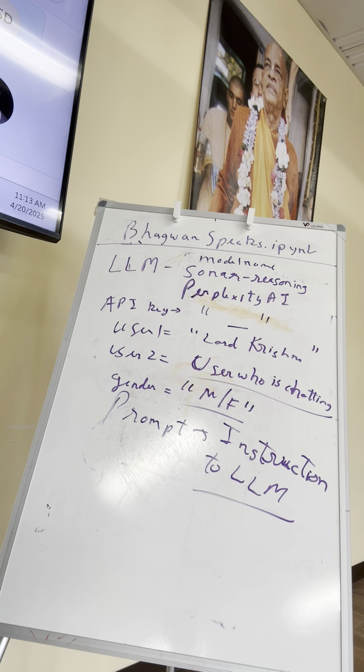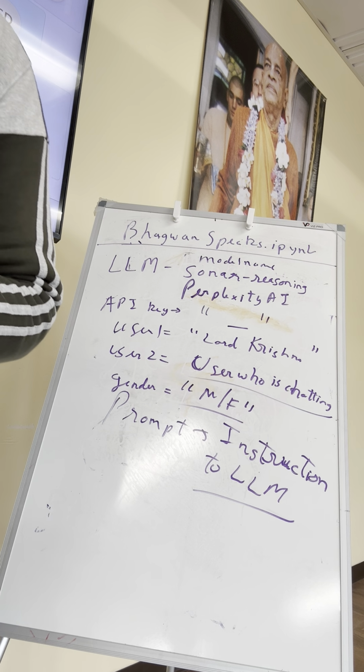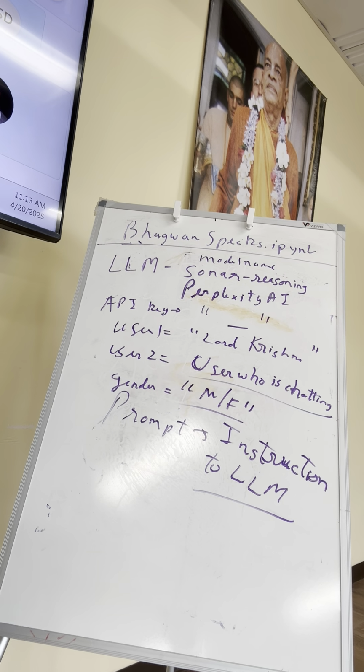In this case, if you go to preferences, there is also a choice for the model. In Perplexity, I mean, where you have the API key. At the top, in the left pane, you see preferences, and then you see the model.